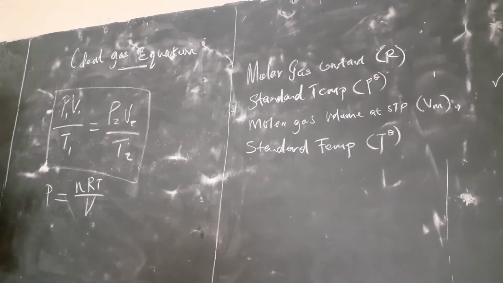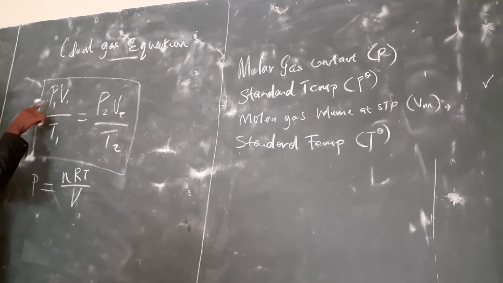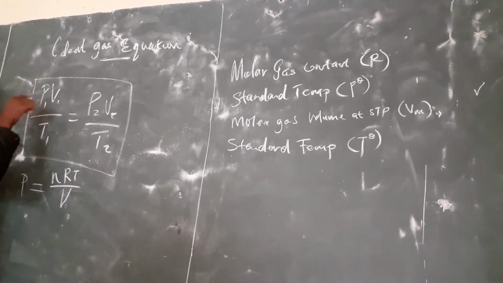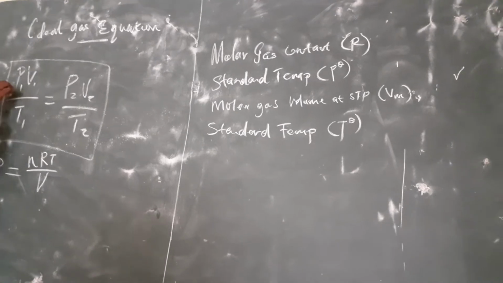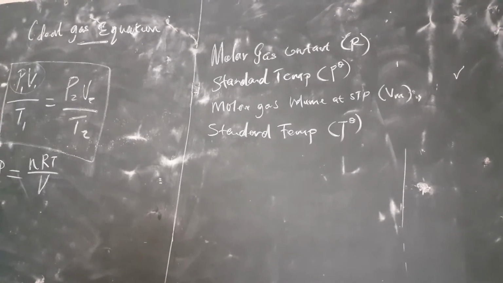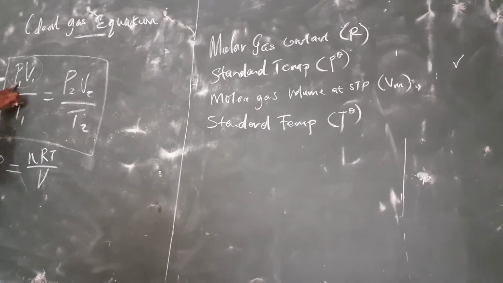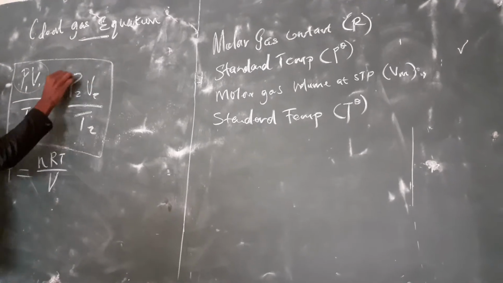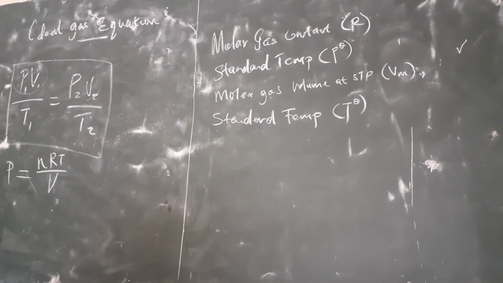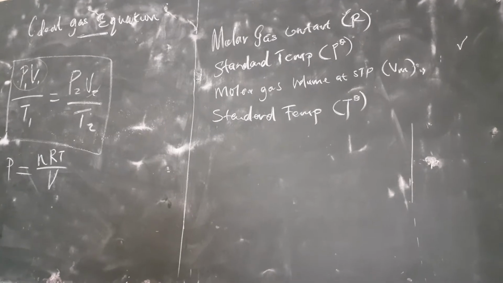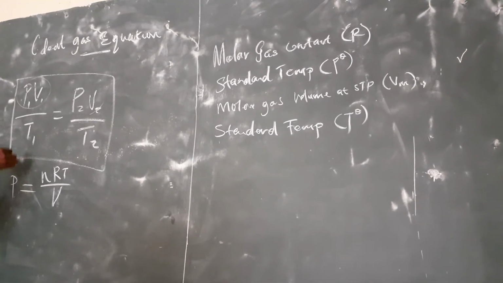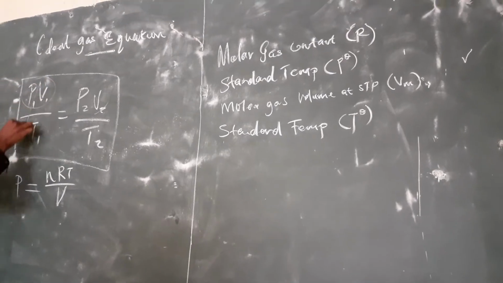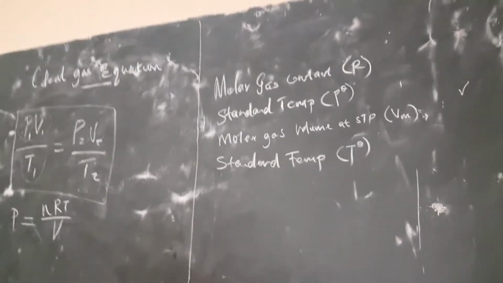Now, remember that in Boyle's law we spoke about PV, the product of these two. PV, this is Boyle's. Meaning that there is PV1, PV2, this is Boyle's law. Then we spoke about Charles' law, which is when we talk about the volume and the temperature. Then the remaining will be Guy-Lussac, in which we spoke about the temperature and the pressure.